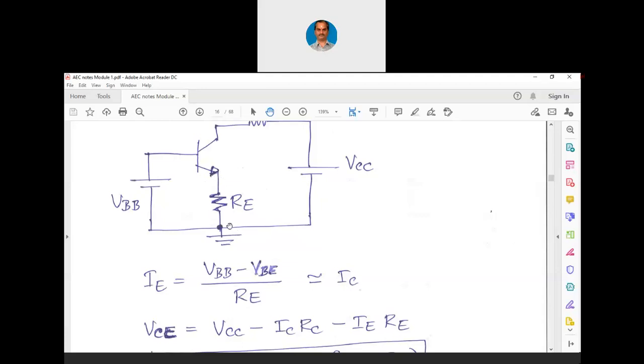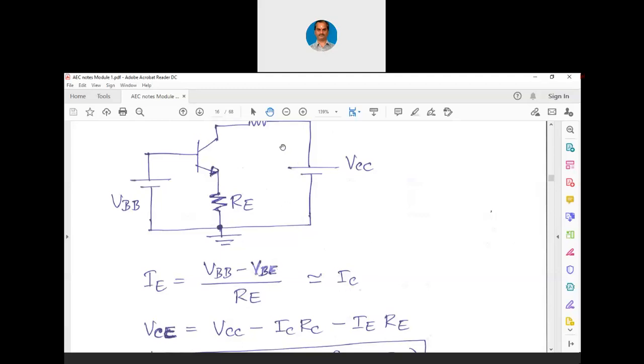Now between emitter and ground there is RE, so there is a voltage across this resistor as well. That is nothing but IERE. So we can find IE equals the biasing voltage at the base minus VBE divided by RE, and we can always approximate IE to IC. The reason is IB will always be in microamperes, whereas IC and IE will be in milliamperes. So we can always approximate IE equals IC.